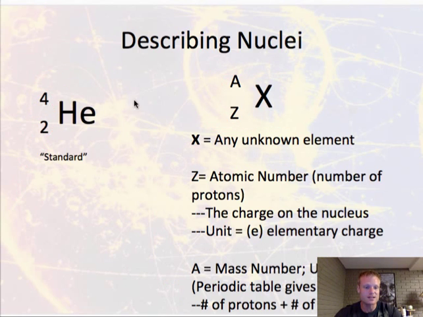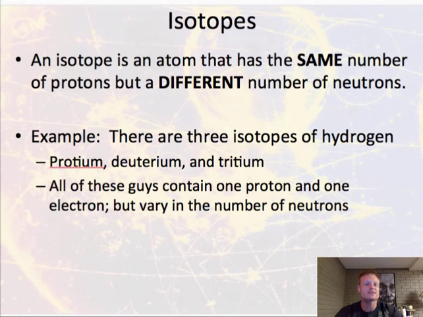Okay, let's talk a little bit about isotopes. Basically, an isotope is an atom that has the same number of protons, because the number of protons actually dictates what atom you have, but it has a different number of neutrons. I'll give you an example here. Hydrogen, believe it or not, has 3 isotopes. I kind of look at it as twins or what have you. All those hydrogen isotopes always have 1 proton.